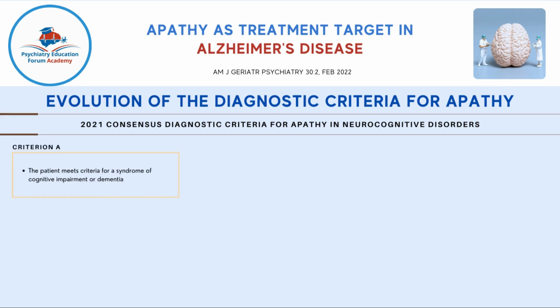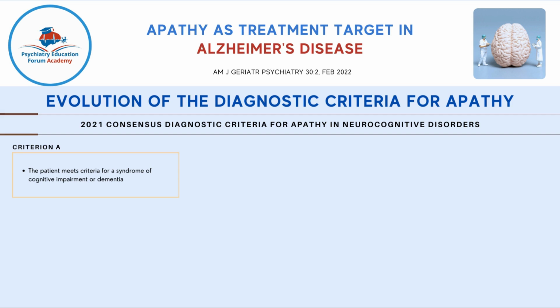Now, criterion A is very different from the last two. What they focus on is that a patient meets criteria for a syndrome of cognitive impairment or dementia. It has to be defined by DSM-5 or the ICD.